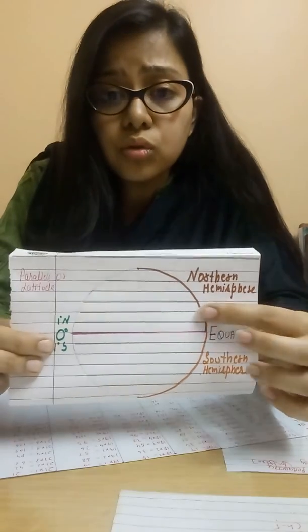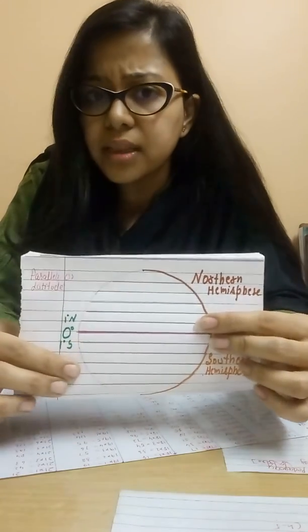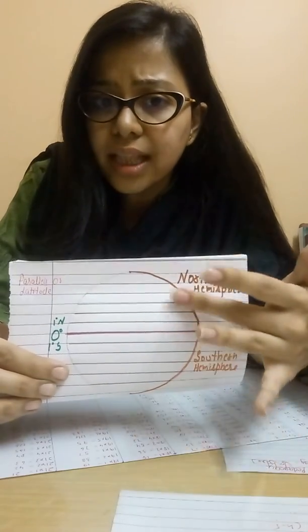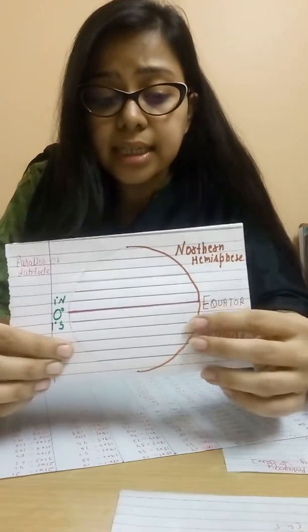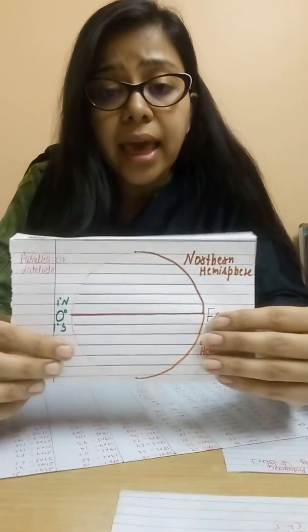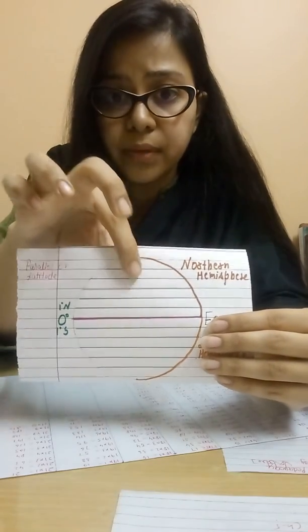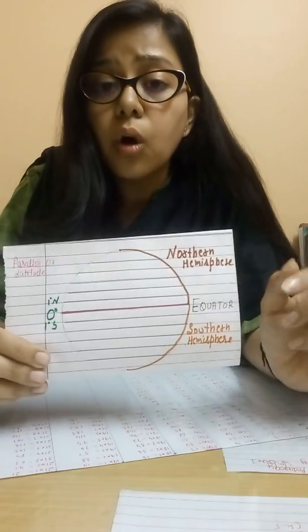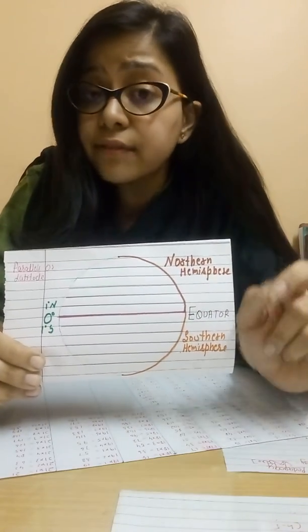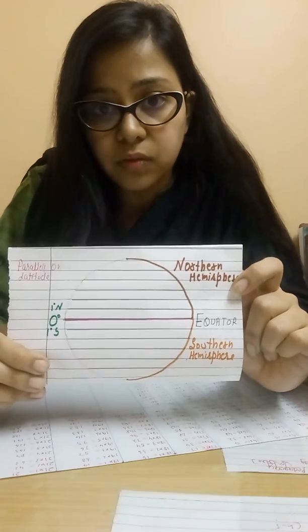Now, how to mark these lines? You must be thinking, what are the degrees of these lines that ma'am has drawn? See, the equator is 0 degree. Any line going from the equator to the North Pole will be marked 1 degree north if it's in the northern hemisphere.